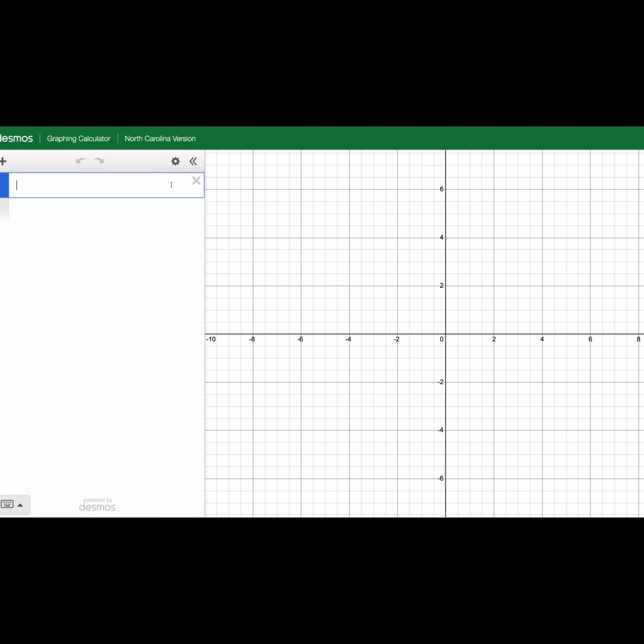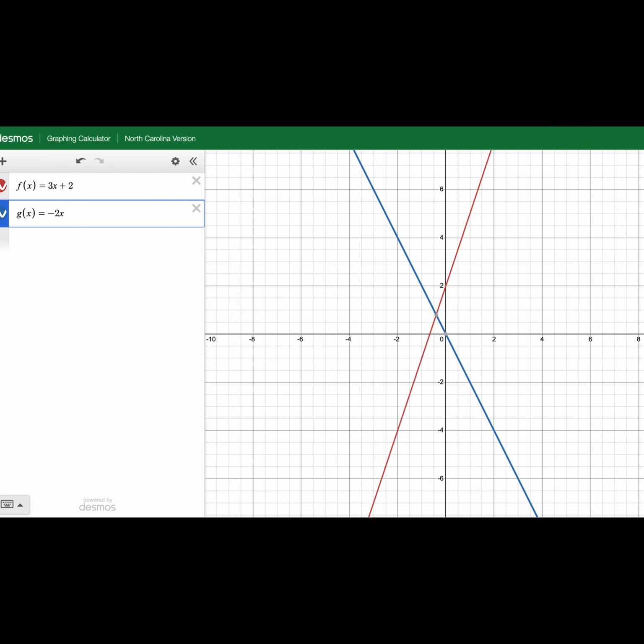We can enter f of x equal to 3x plus 2. Then coming down, g of x equal to negative 2x plus 7.